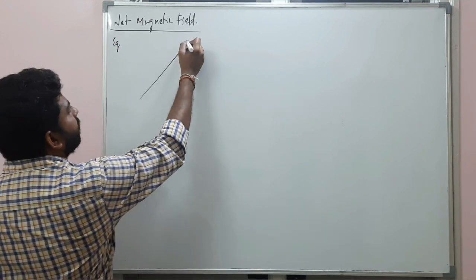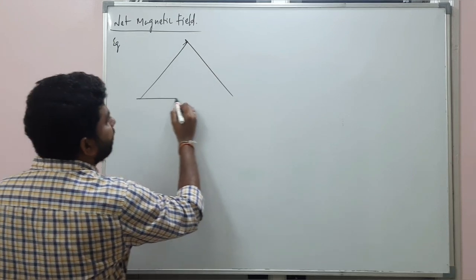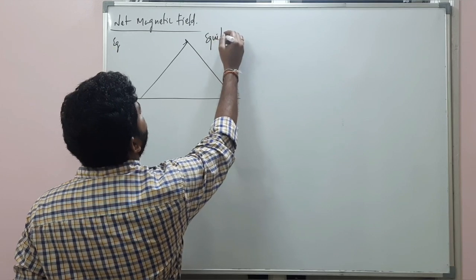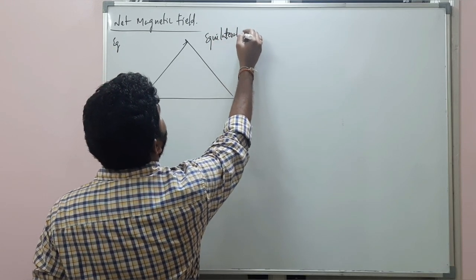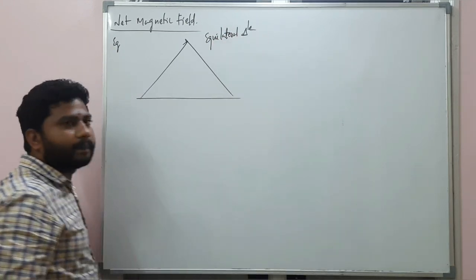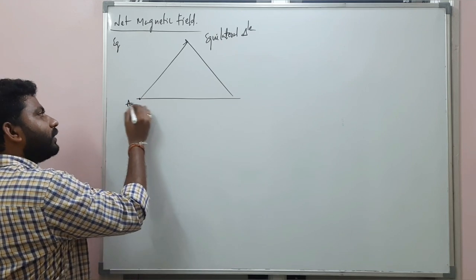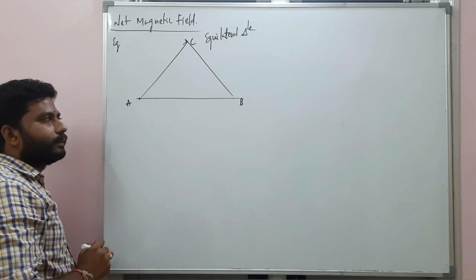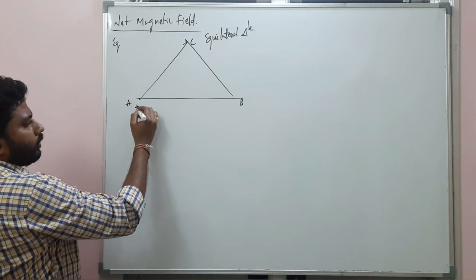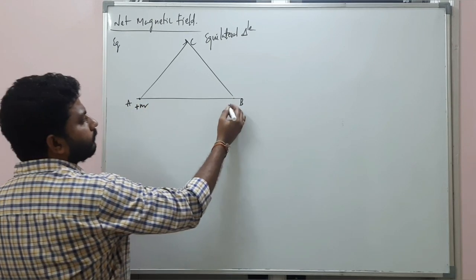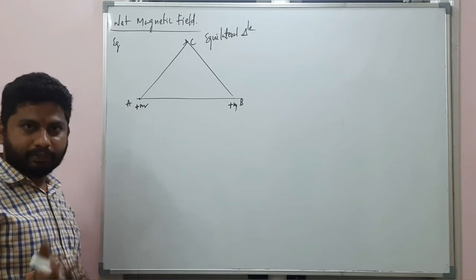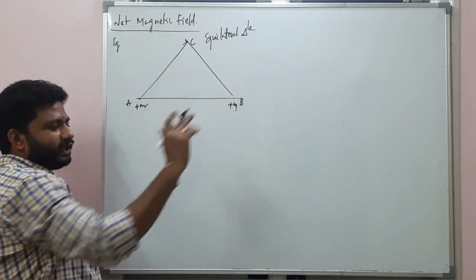An equilateral triangle is considered. A point A, point B and point C are considered here. North poles are taken at point A and B, or at point C and B, any two points.